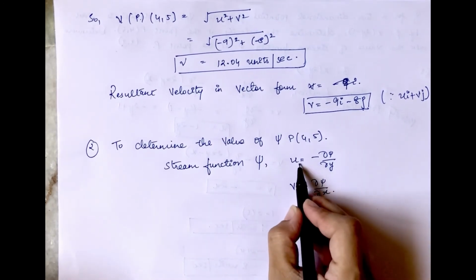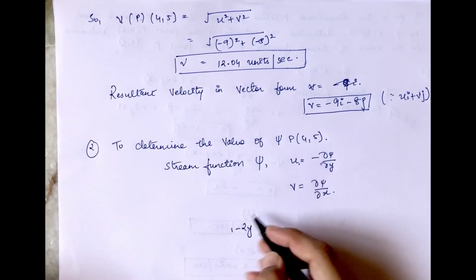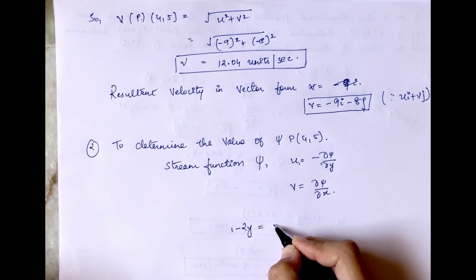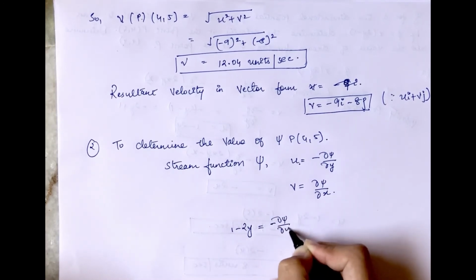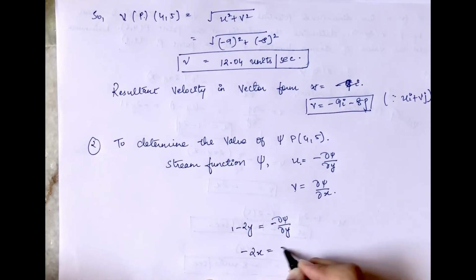Here we know the value of u and it is equal to 1 minus 2y. So u equals 1 minus 2y equals minus del psi by del y, and in place of v, we have minus 2x. So minus 2x is equal to minus del psi by del x.